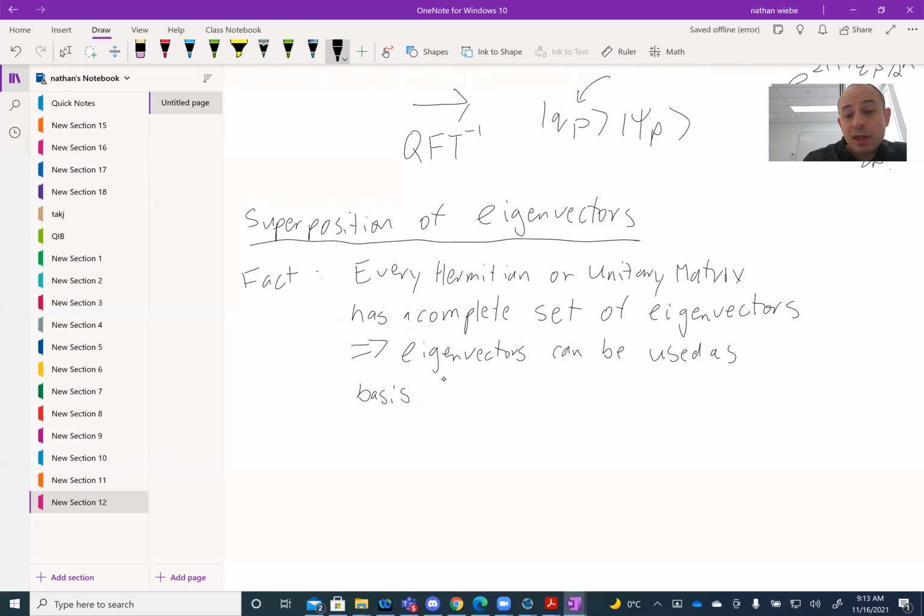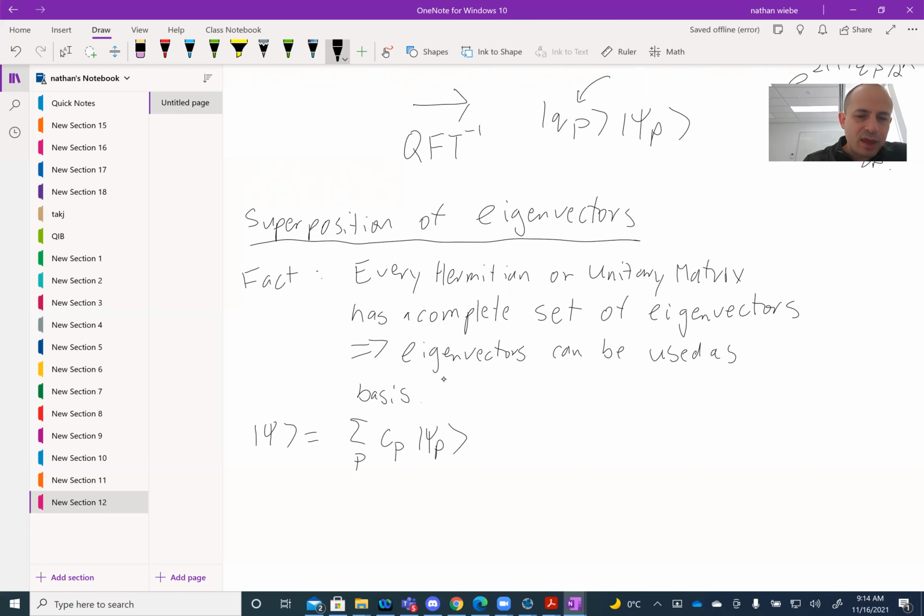So what this ends up meaning is that any state psi over here can be written in the following form: sum over p of c sub p, psi p, where all the psi p's can be chosen to be orthonormal.